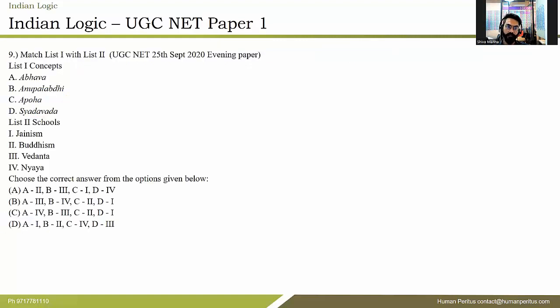The next question, they have given again concepts as well as they have asked you about the different schools there are. The first term which is mentioned here is Abhav. Abhav is part of Nyay school. What does Abhav actually mean? Abhav means you not having something.